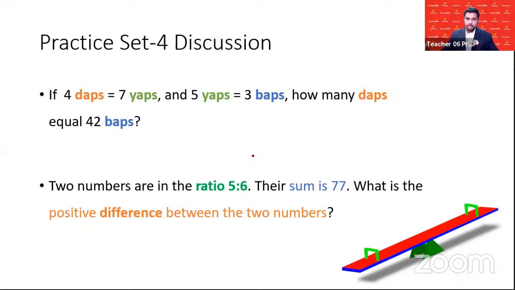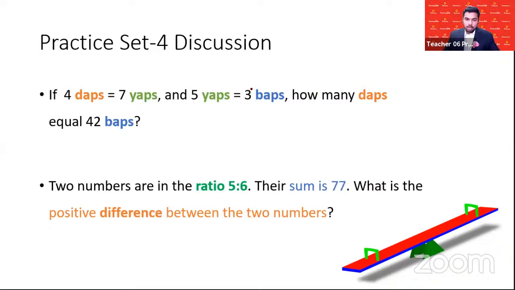Okay. So we are going to take up this question. There is some confusing set of words: daps, yaps, baps, and daps, something like that. So do not worry about these. Instead of that, just concentrate on the numbers. So we have 42 baps to be found instead of, or found in terms of, this daps.